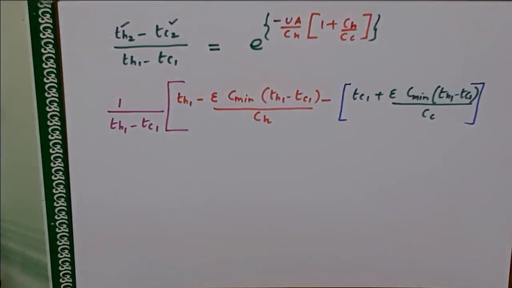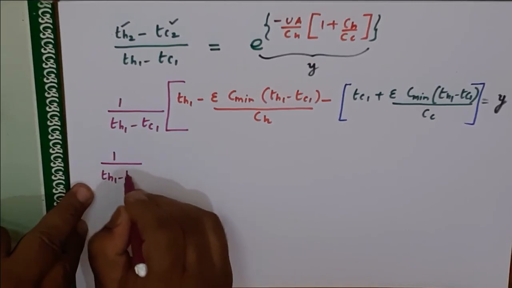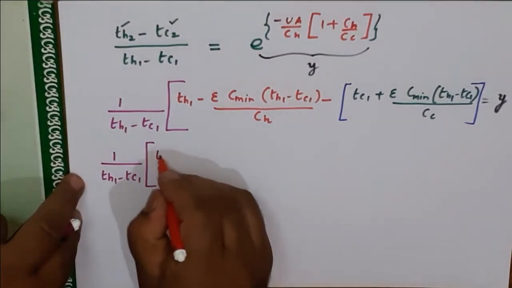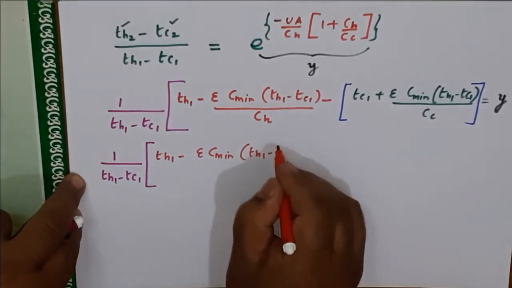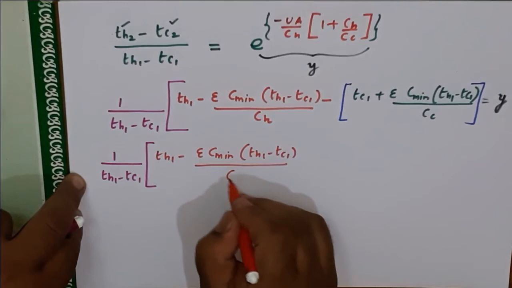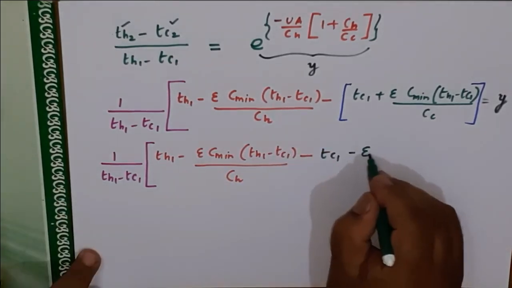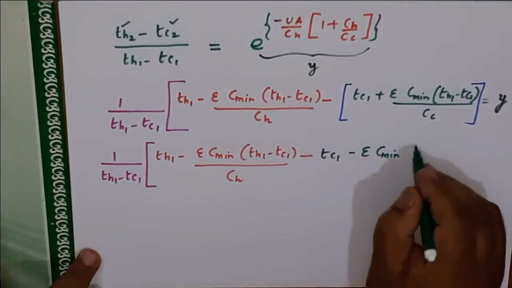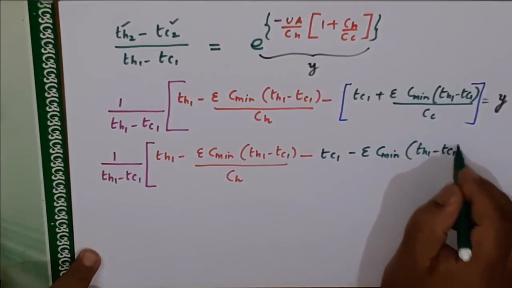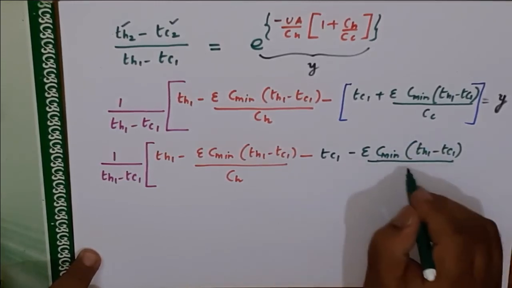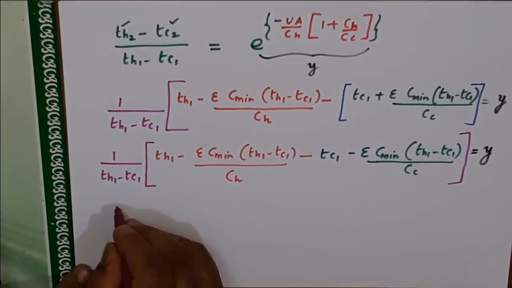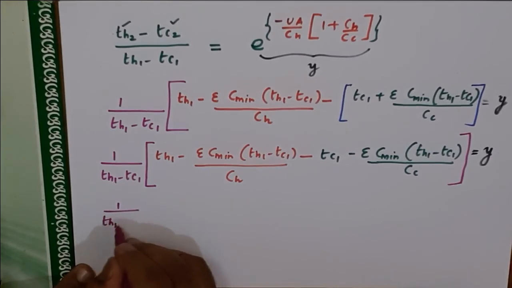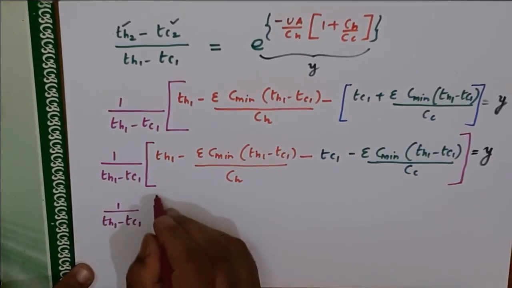This can be written as Y. So I write it as 1 by TH1 minus TC1, just expand it: TH1 minus effectiveness into C minimum into TH1 minus TC1 whole divided by CH, minus effectiveness into C minimum into TH1 minus TC1 whole divided by CC, is nothing but equal to 1 by TH1 minus TC1 in brackets.